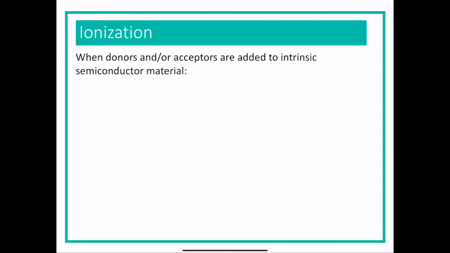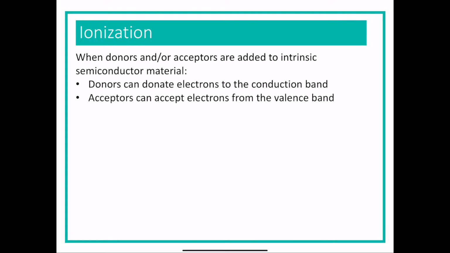When we add donors and or acceptors, because we sometimes can add both, donors donate electrons to the conduction band and acceptors accept electrons from the valence band. This makes them ionize. If you're giving up an electron, you're becoming positively charged. If you're gaining an electron, you're becoming negatively charged, so they all become ions.